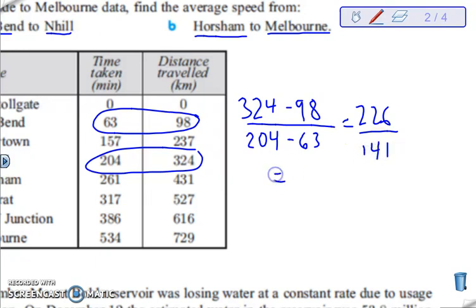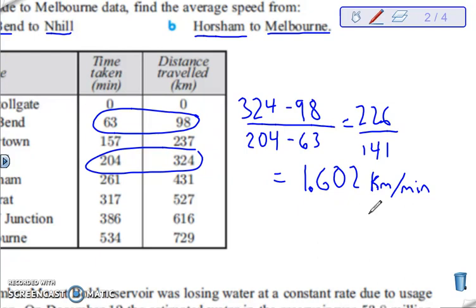If I convert that into a decimal, that's 1.602 kilometers per minute. So we covered 226 kilometers every 141 minutes, therefore 1.602 kilometers per minute.